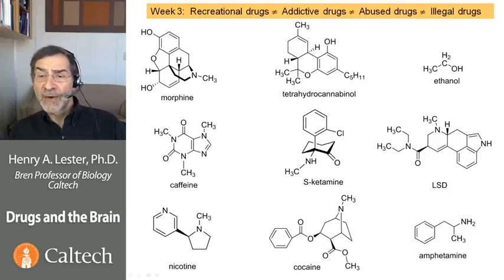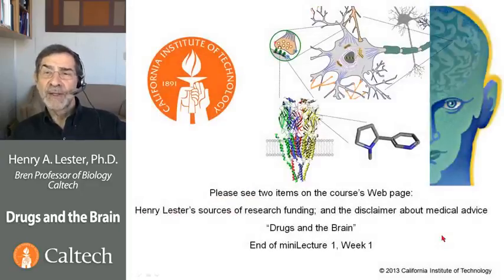And here is our example universe of 9 recreational drugs: morphine, tetrahydrocannabinol, or THC, ethanol, caffeine, ketamine, LSD, nicotine, again, one of our best examples, cocaine, and amphetamine. So as you can see, we're going to be covering a lot of territory.